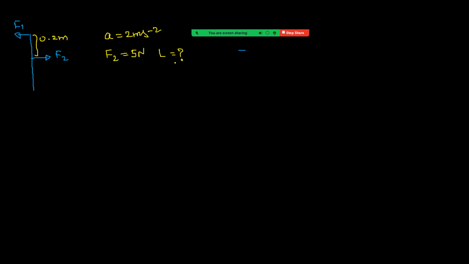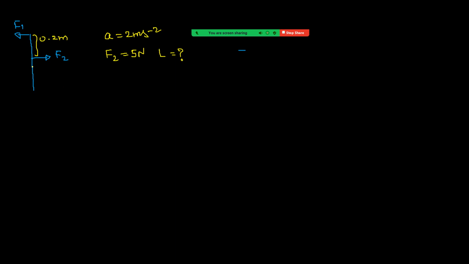So it is given that translationally means the rod is having only translatory motion. There is no rotational motion. That means there is no torque. So first thing we have to focus, net torque must be 0.